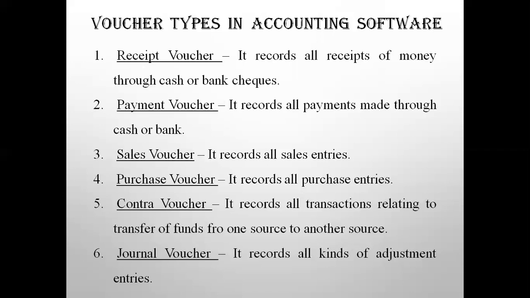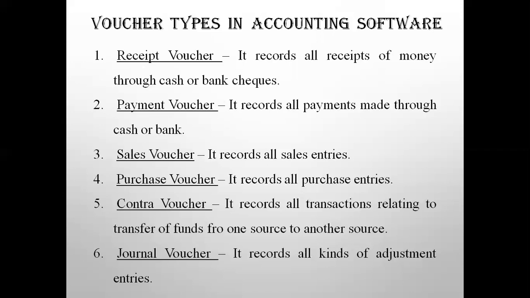Wherein there is no cash, no bank, all those credit type entries you can put in the journal voucher. So apart from the five vouchers, receipt, payment, sales, purchase and contra, all other entries which you come across you can put in the journal voucher.